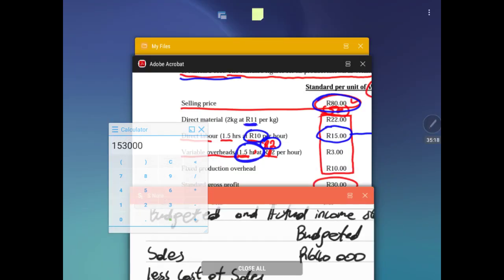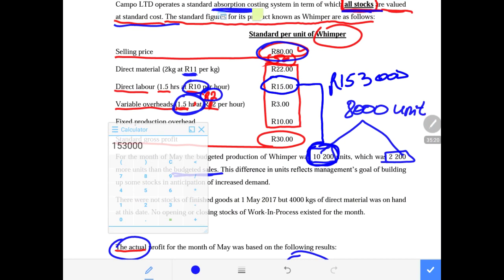Remember, sometimes you might not be given this 15 rand. When it is not given, they might decide not to give you the budgeted units, but they can give you the budgeted hours. Then you deal with the hours and go to units, or you just use the hours. We know it takes 1.5 hours to complete one unit.